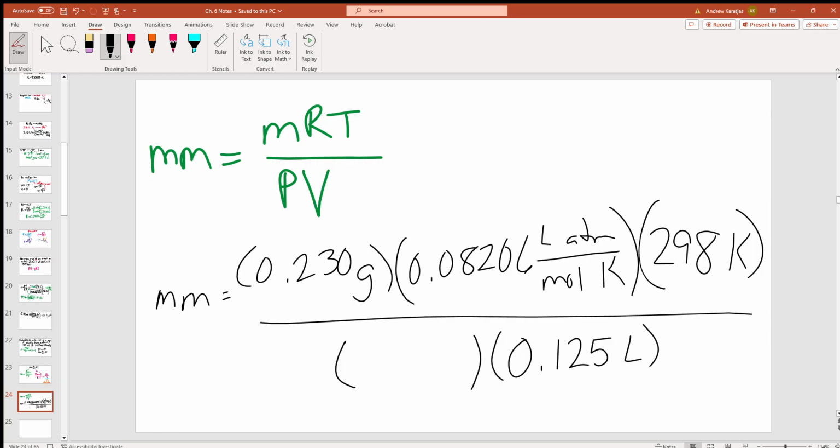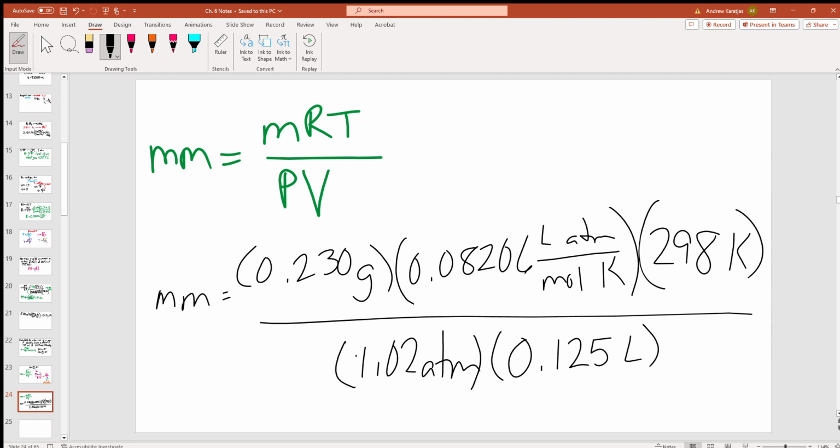And pressure, if you recall, was 765 millimeters of mercury. We need to convert that into atmospheres. So we use that there's 760 millimeters of mercury per atmosphere, and we get 1.02 atm.